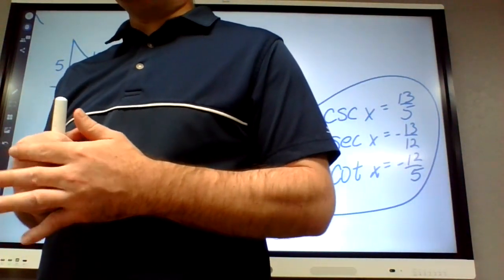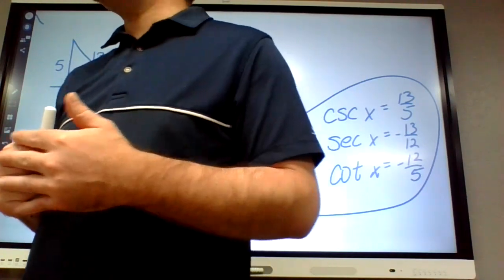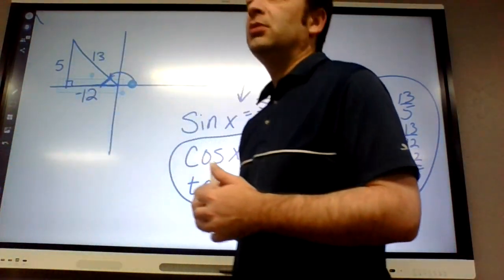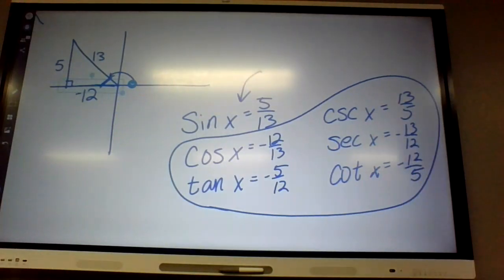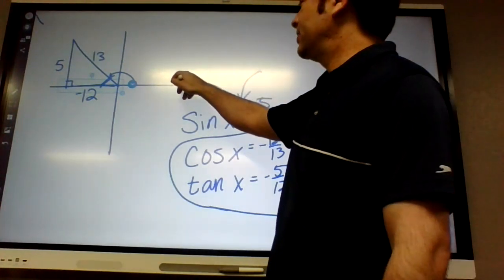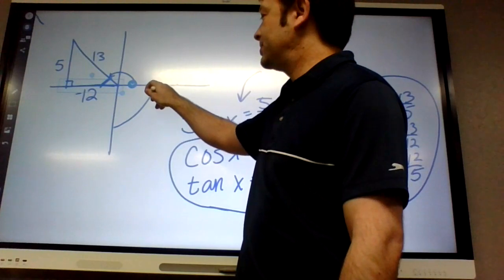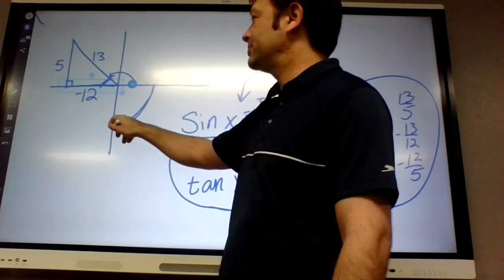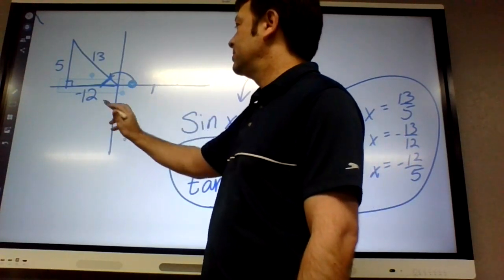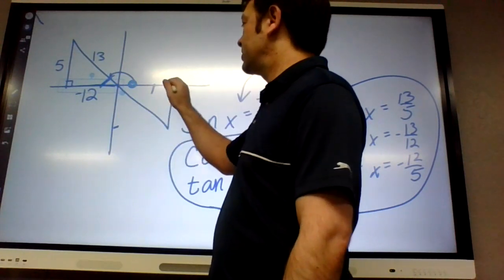Cosine, it says it's between negative pi over 2 and 0. So where is negative pi over 2? Yeah, it's like negative 90. So it's going to be a 4th quadrant triangle. So it'll look kind of like this.